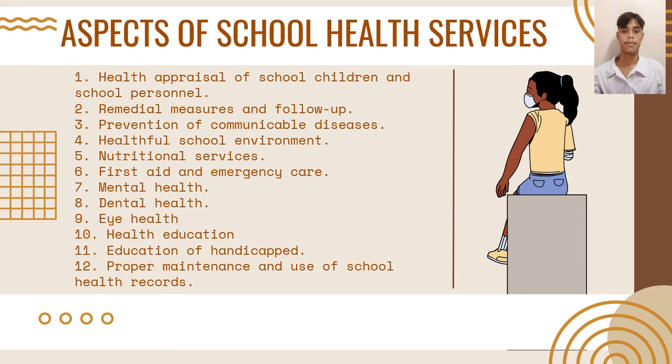And last but not the least is the proper maintenance and use of school health records. In this aspect, a cumulative health record of each student should be maintained. Such records should contain their personal data, like their names, date of birth, parents' names, address, and so on.